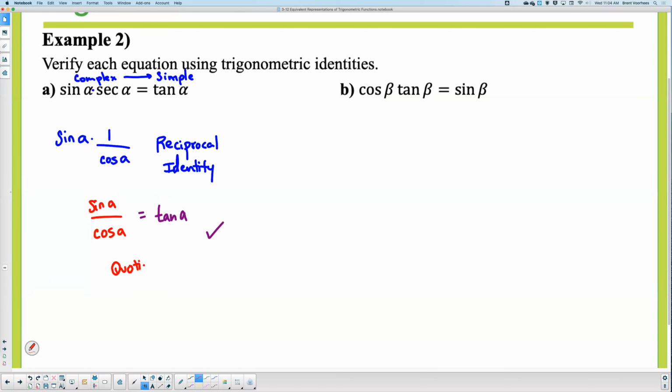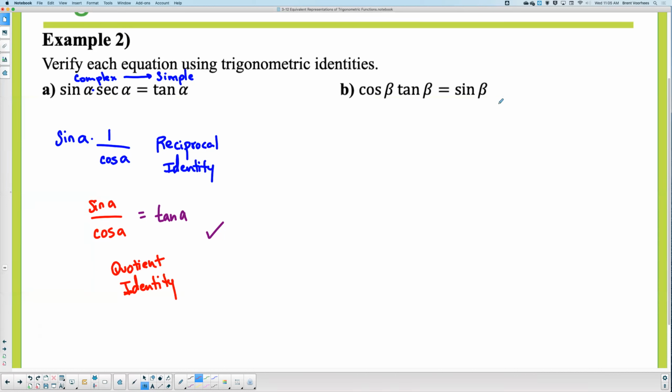If you look back, that's where you'll find that on that chart, because tangent is a quotient. What does quotient mean again? The answer to division. Tangent is the answer to the division of sine divided by cosine. Most of these names come from what you're doing to the sine or cosine to come up with the function. So what am I doing with the sine and cosine? I'm dividing them. That's why we call it the quotient identity.